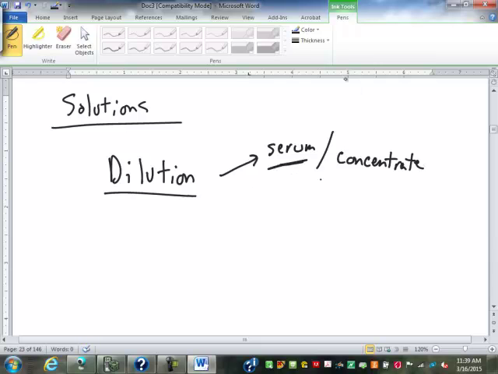Serum, of course, is the generic term we use for any sort of medication, whatever it is. So that would be the medication in its pure form. Or a concentrate would be a solution that's already been prepared with that serum that has a higher level of concentration, a higher percentage of the serum in it. And then the second part that's going to be going into that dilution is some sort of a medically neutral substance. And we use that abbreviation NS that could stand for neutral solution or normal saline or just plain sterile water.